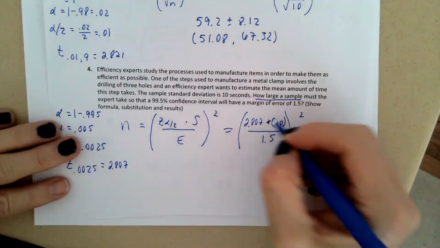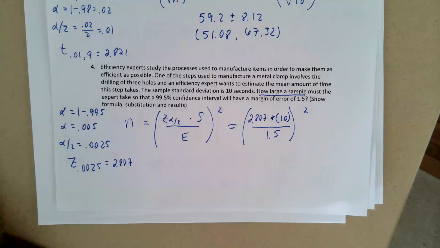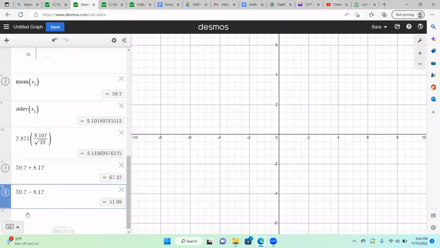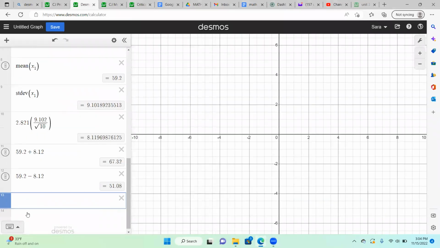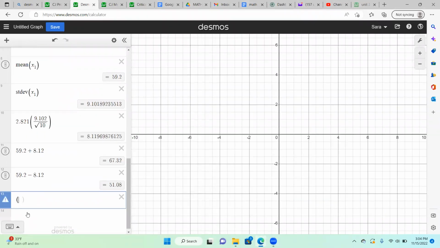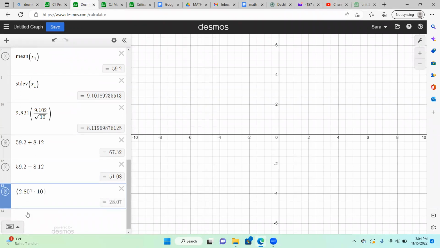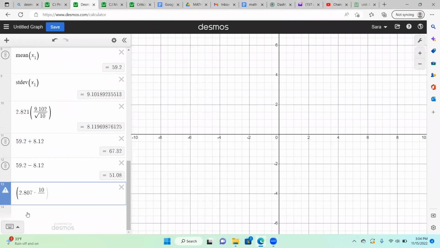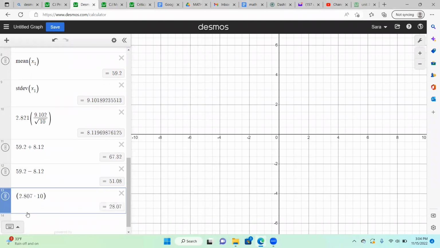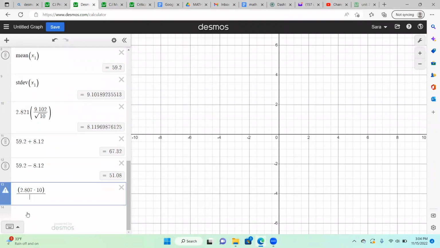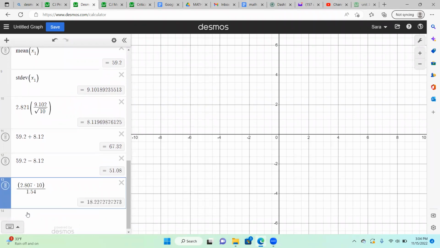So we can go to Desmos, calculate this, and we have parentheses 2.807 times 10 divided by 1.5.